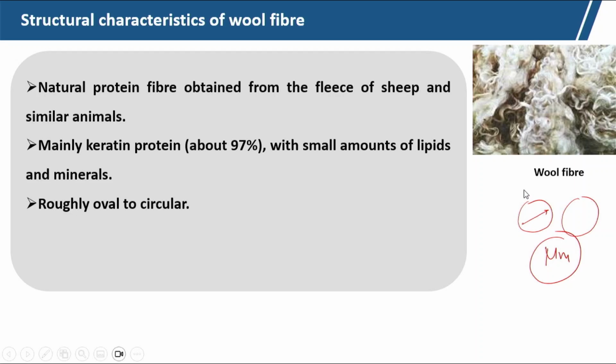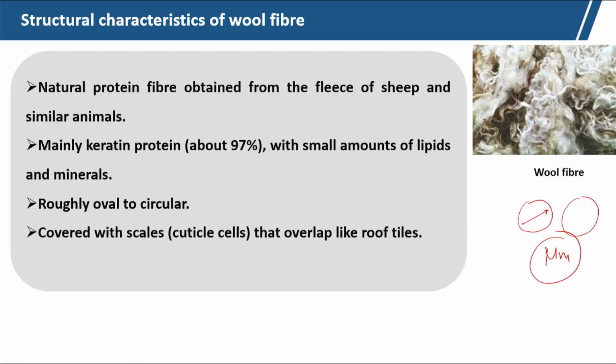So, due to its typically close to circular cross section, it is covered with scales that overlap like roof tiles. If we see the surface of wool fiber, these scales are there like roof tiles.